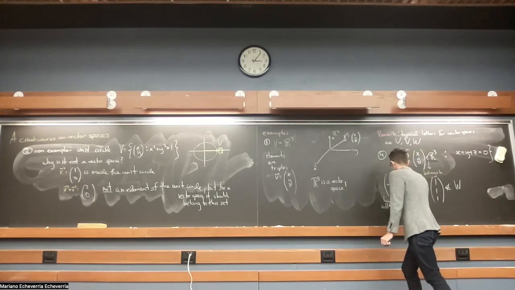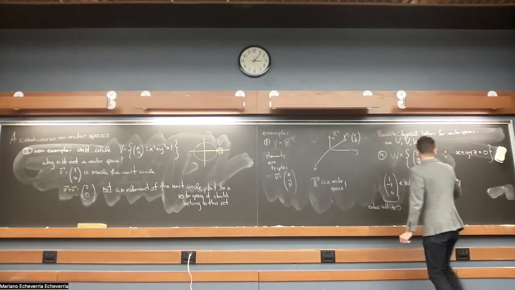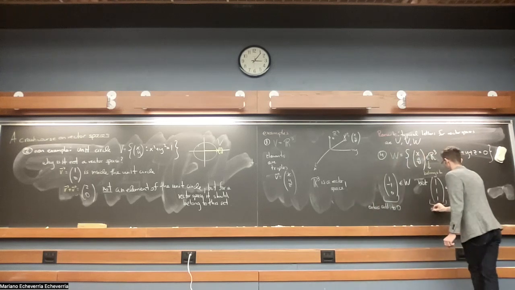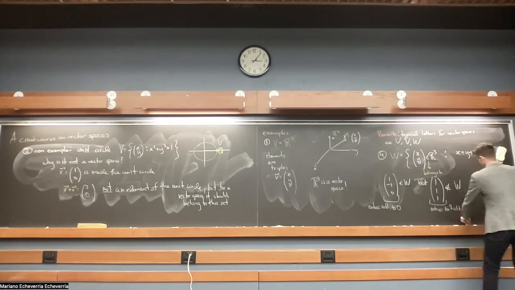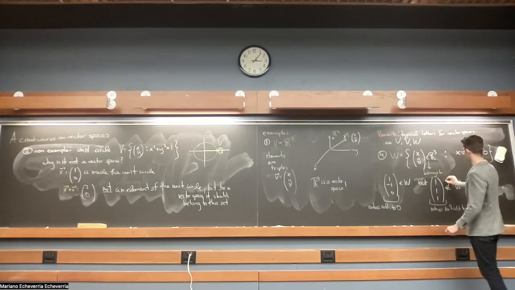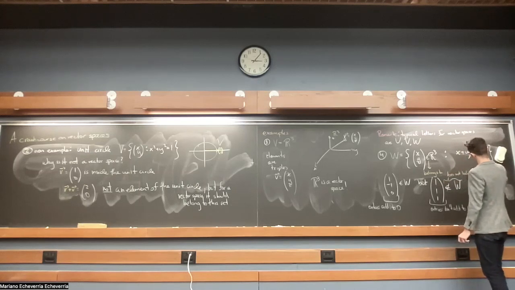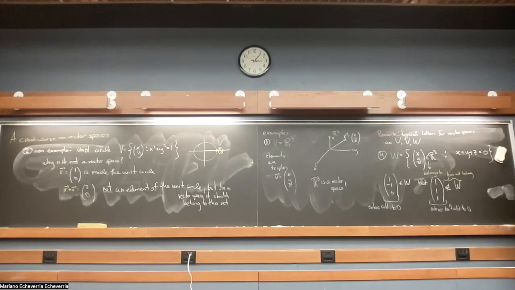Entries add to 0, and so here entries don't add to 0. So here by this I mean does not belong. That making sense? So far, so good.